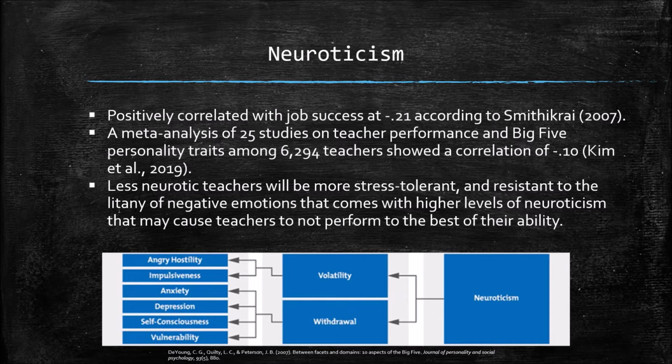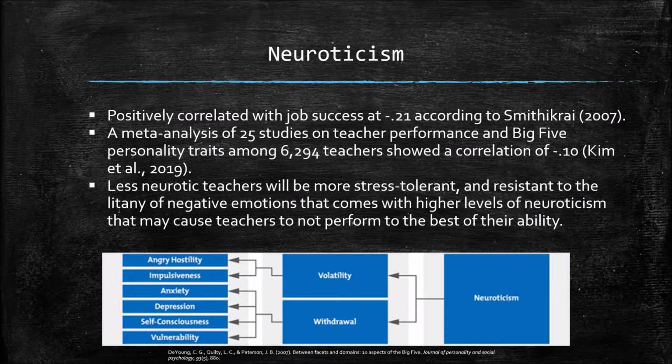And so we're seeing a really big correlation in the sense that the less neurotic you are, the more effective you're going to be as a teacher. And the less neurotic teachers, they're going to be more stress tolerant, right?